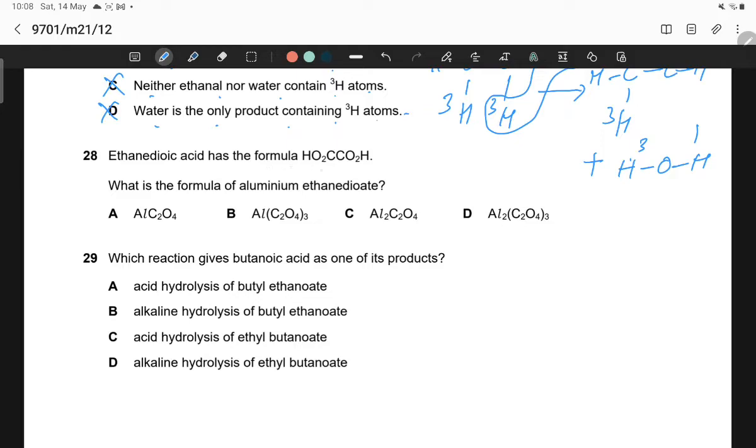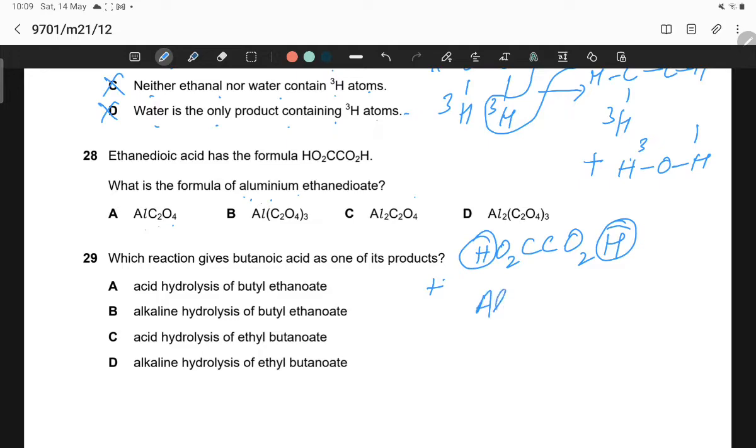Ethanedioic acid has the formula HO2C CO2H. What is the formula of aluminium ethanedioate, Al(C2O4)? HO2CCO2H, when reacted with aluminium, what is the formula of aluminium ethanedioate? So this can be removed, this can be removed.